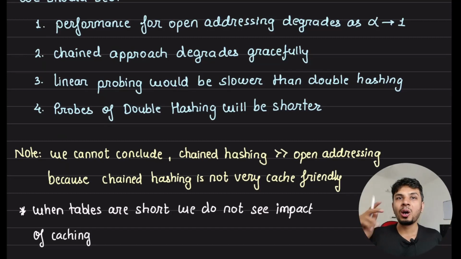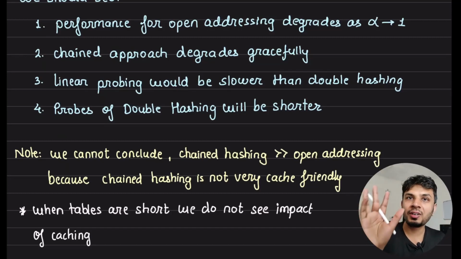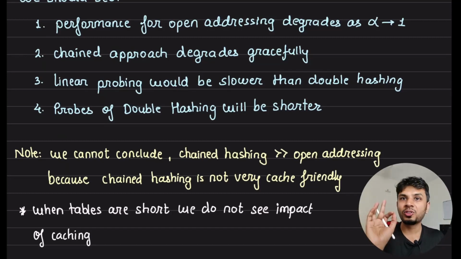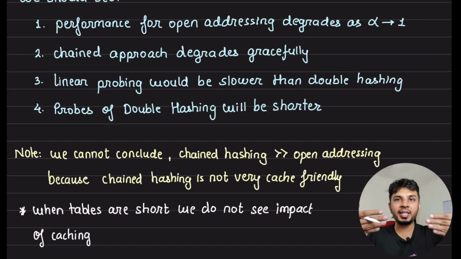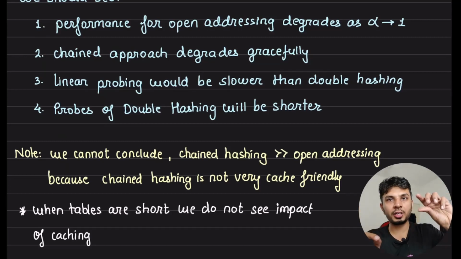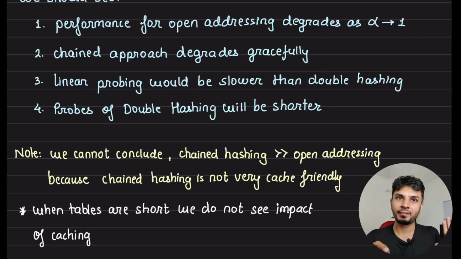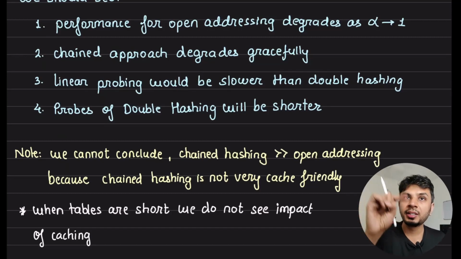And fourth, probes of double hashing would be shorter. With double hashing, because you are almost leveraging the entire set of hash table slots, the number of probes per collision would be much shorter as compared to linear probing. Very clear.